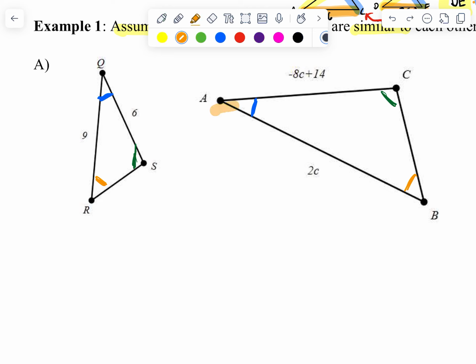What side corresponds to that one in my little triangle? Looking at the figure, you can tell a little bit of a rotation happened. 6 is the corresponding side, just eyeballing which one is bigger and smaller. So the proportion is negative 8C plus 14 over 6. Or you could have flipped that ratio, as long as we stay consistent from bigger to smaller.